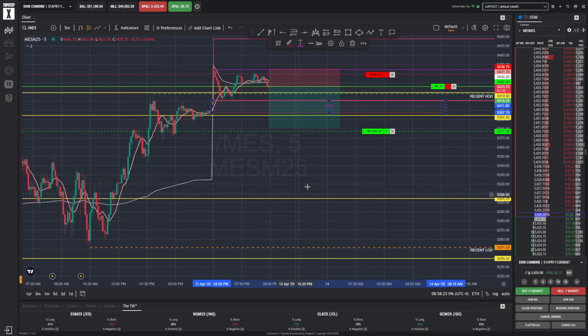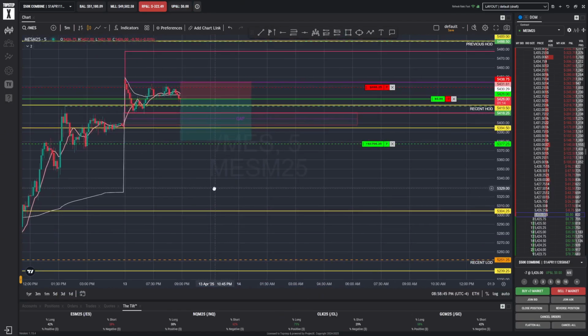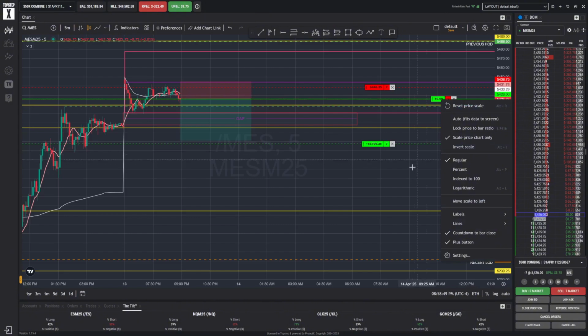Now this gap will potentially probably never be filled. Maybe it'll be filled tomorrow. Maybe it will be filled Wednesday or Friday. We don't know, because market does what market does. So this is a gap. I like to put this here just to remind me that there's a gap that must be filled. That's a void that has to be filled.